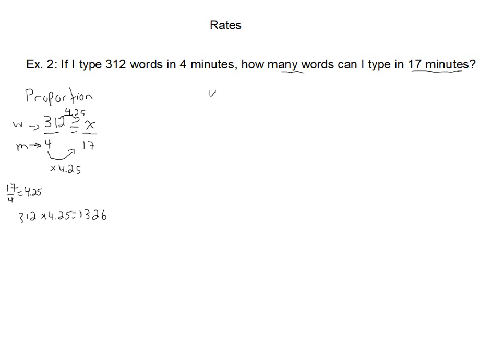The other way that we can do this is using a unit rate. When we find a unit rate, we know how many words we can type in 4 minutes, and we want to find out how many words we can type in 1 minute. So find the unit rate first.